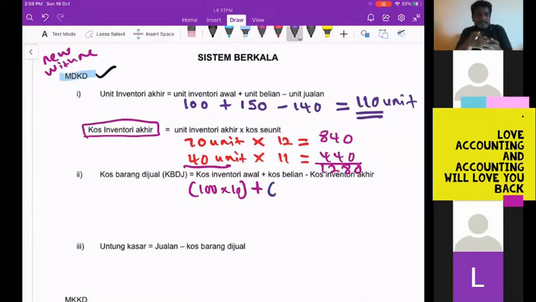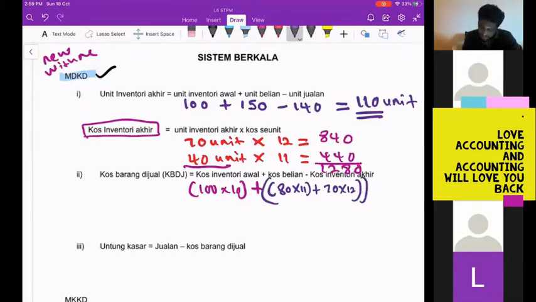Can you see the table that we snapped a picture of? It's not easy to go up and down. Okay, cost belian, I got 80 times 11 plus 70 times 12. Good.